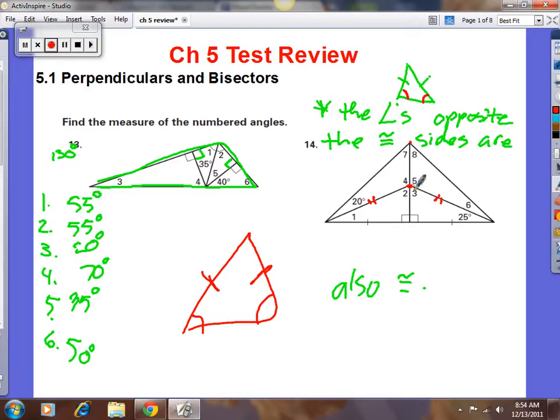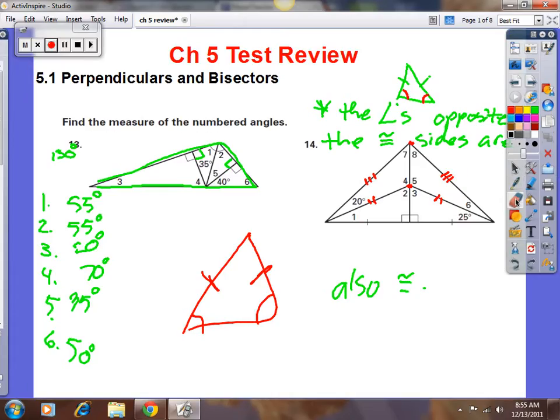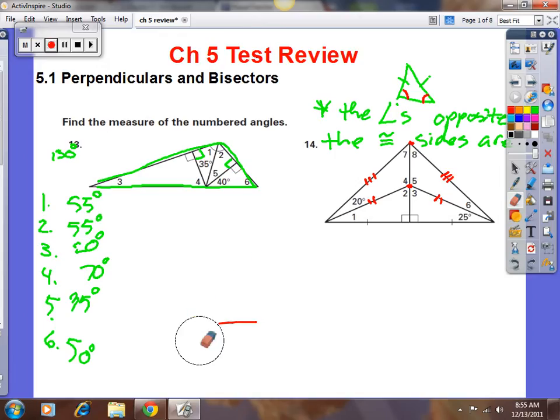So the distance from this dot down here is going to be the exact same as from this dot to this dot. Go up to the point on 7, 8. You have an isosceles triangle. Put 3 congruent marks there, and let's put 3 there. So anytime you got perpendicular bisector, you got an isosceles triangle.